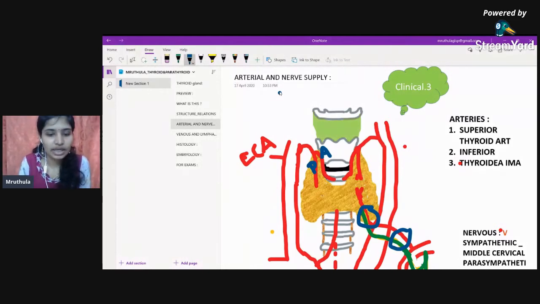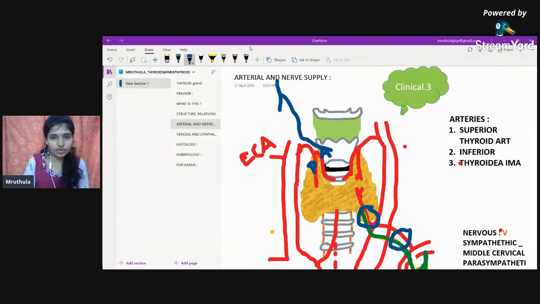The external laryngeal nerve is a branch of the superior laryngeal nerve. Branching out from the superior laryngeal nerve, it is coming down, down, down, and it is very close to the superior thyroid artery, and as it comes close to the gland, it goes away.